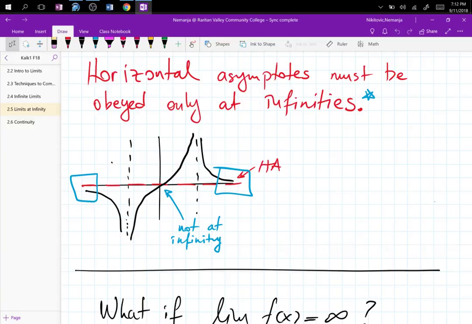We talked about this. This is discontinuous, right? It has two vertical asymptotes. It's discontinuous. However, it has three pieces, and each piece is a continuous piece. So from negative infinity to the first asymptote, and then between two asymptotes, and after the second asymptote, each one of those pieces is continuous.